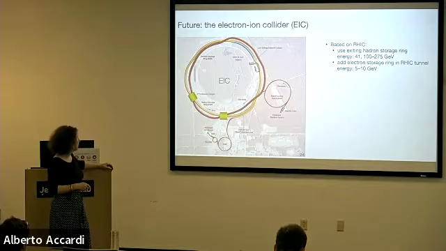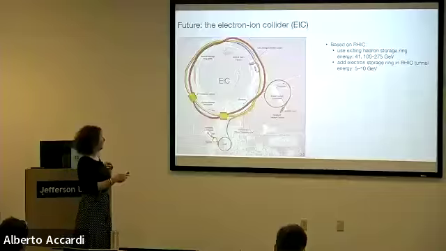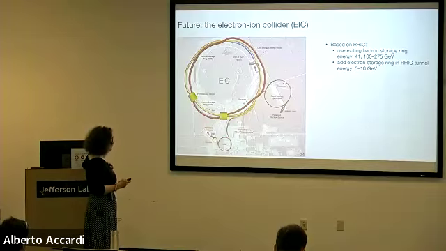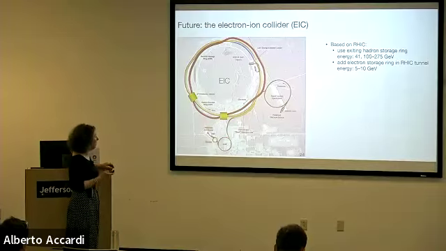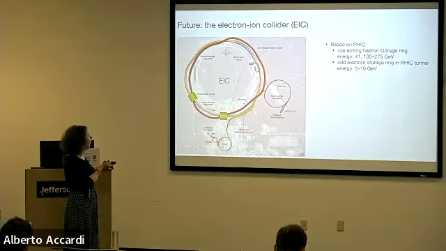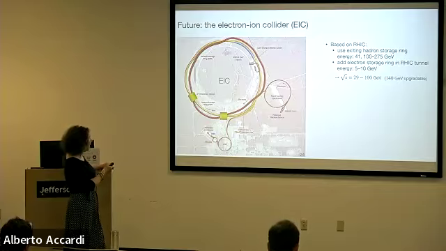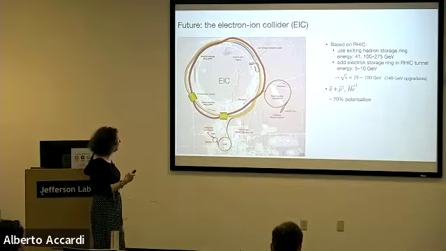And the electrons will have, in the first step, energies from 5 to 10 GeV. It can maybe later be upgraded to higher energies of 18 GeV. So one can get a different center-of-mass coverage depending on your beam energies.